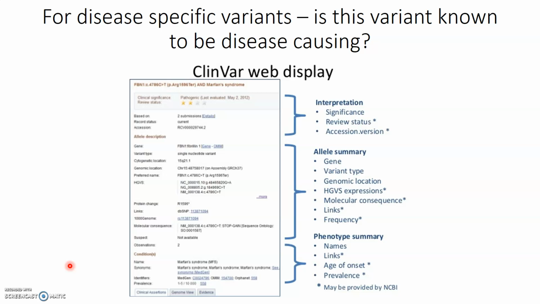We can see a bunch of information related to interpretation of that specific variant: the allele summary, what gene it's found in, the variant type, genomic location, and the phenotype that it's associated with, right? So the diseases, the names, age of onset, prevalence data, and other things.